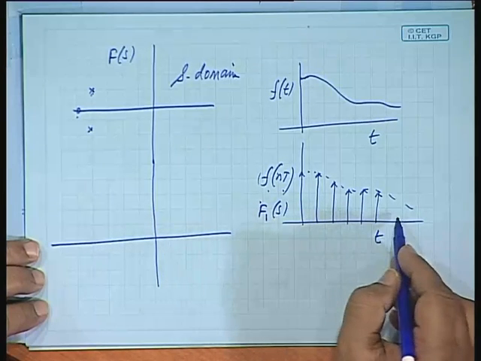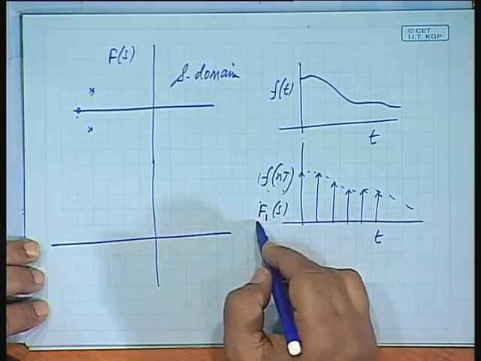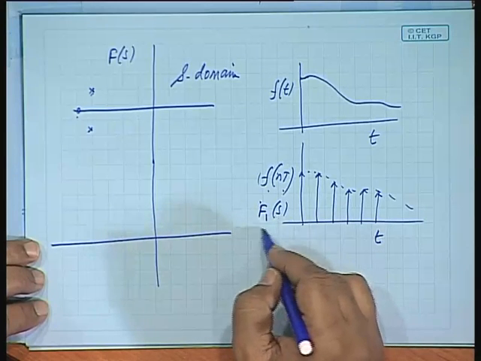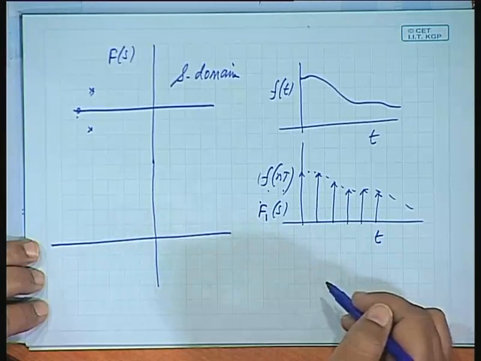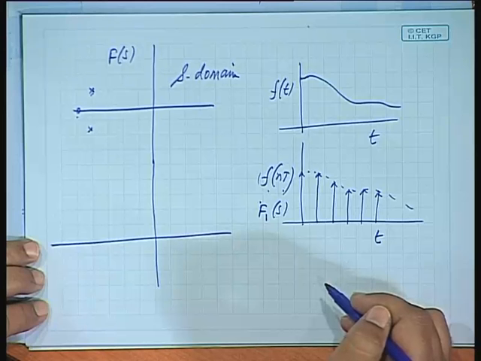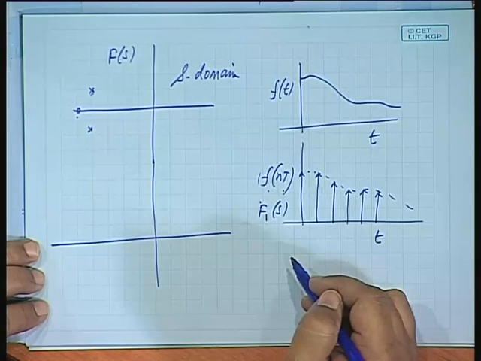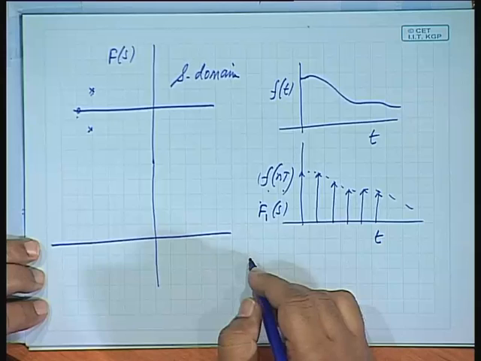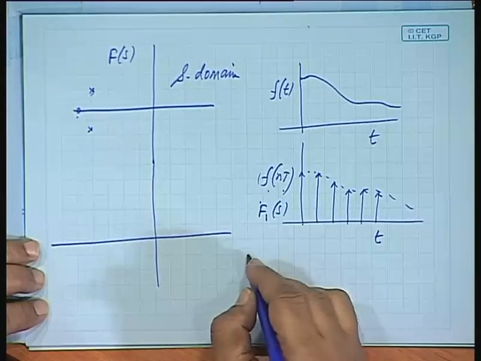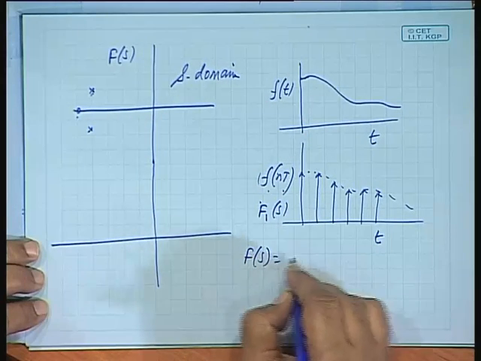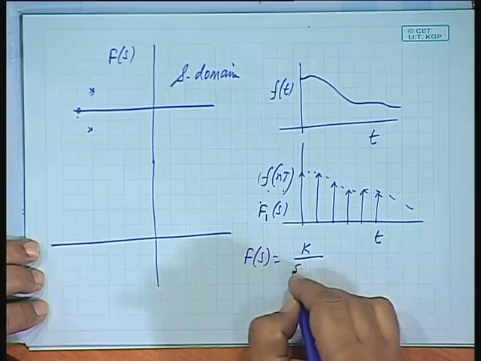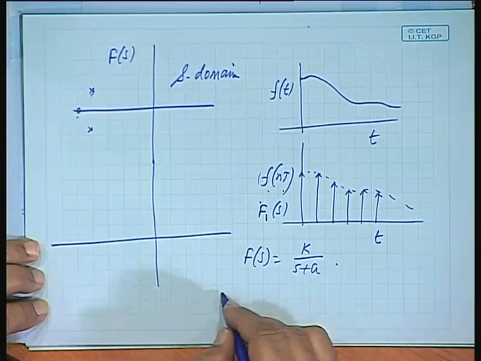The Laplace transform of this function is say F1(s). What are the roots of F1(s)? Have you got my point? What will F1(s) be like? If F(s) is say k by s plus a, what is F1(s)?